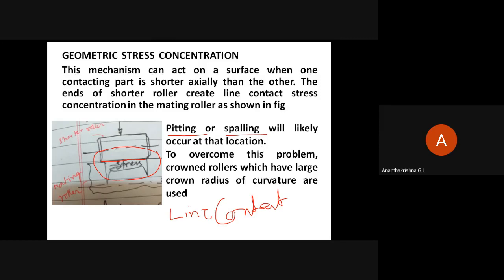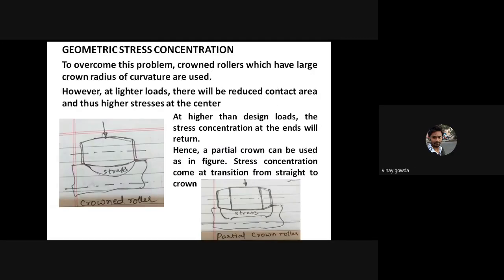Yes, sir. Okay. Vinay Gowda, are you there? Yes, sir. So to overcome this problem of pitting due to line contact, what is the solution they found out next? What did they make with the roller?